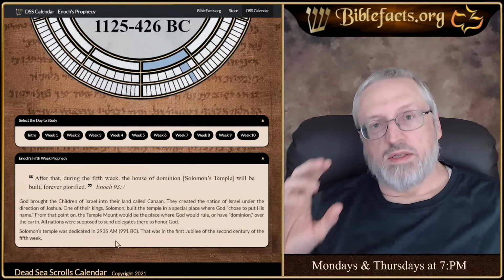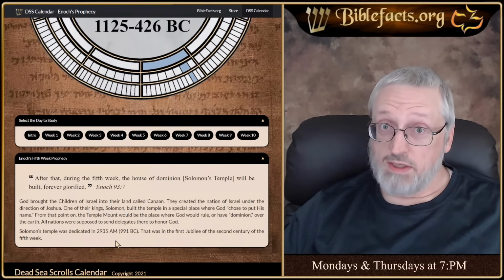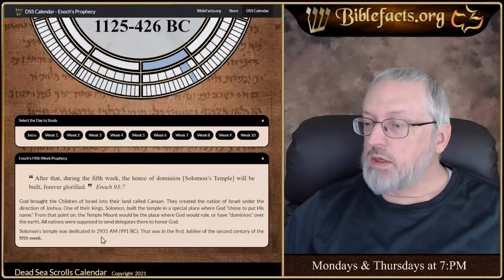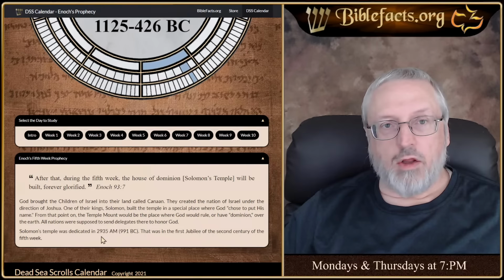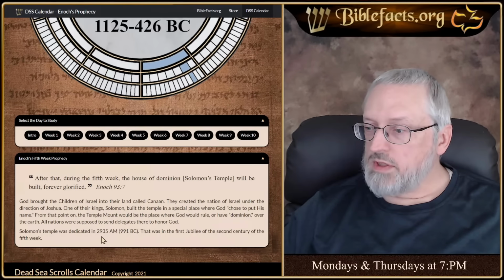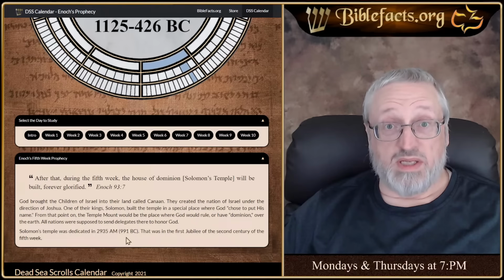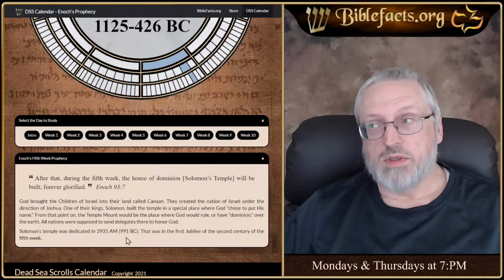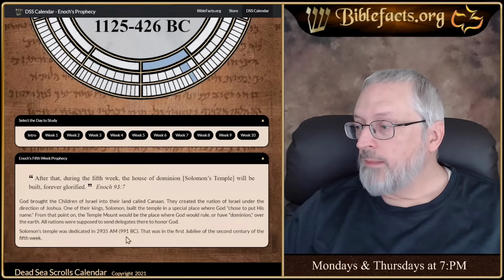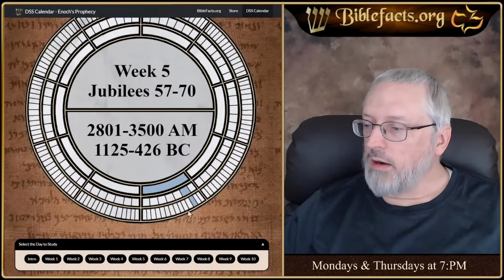So which it says was exactly so many years after the Exodus. So we get that from Kings chapter 6. So that means it was 2935 AM. And if we got the right system here, that would make it 991 BC, when Solomon's temple was finished, dedicated, and started fully functioning. So that would be right here.